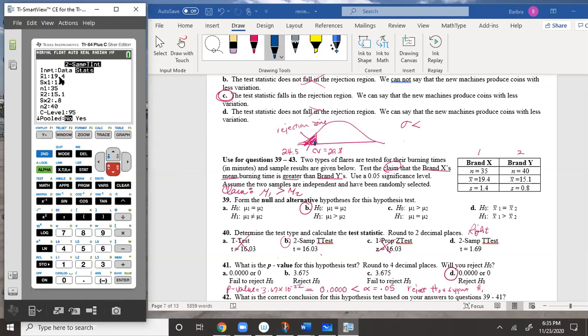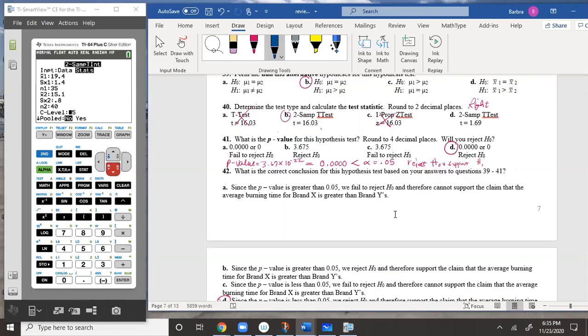The first group has a mean of 19.4, standard deviation 1.4, n is 35. Check the second group numbers, and I'm looking at those. They seem to be correct. But when you get to the confidence level, you're going to need to refer to what they're asking.